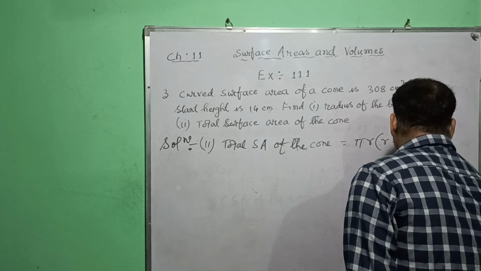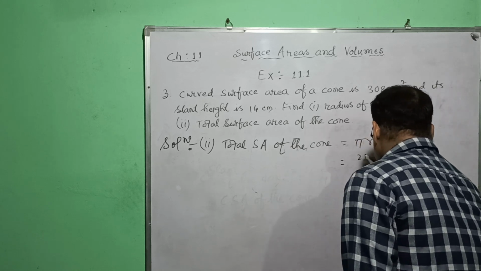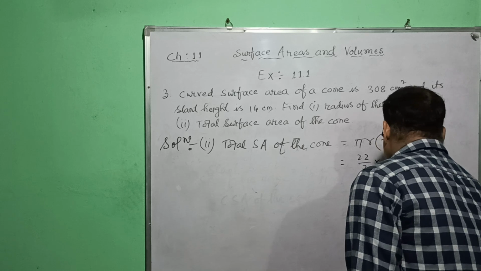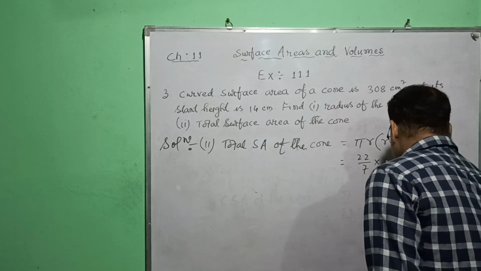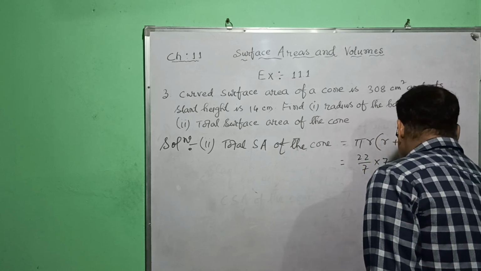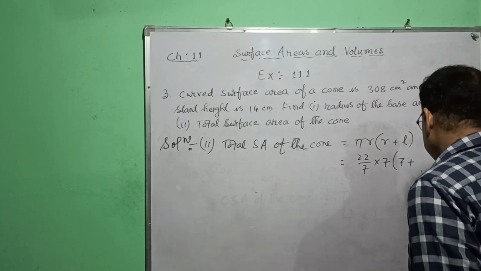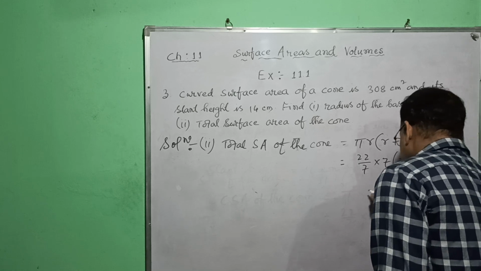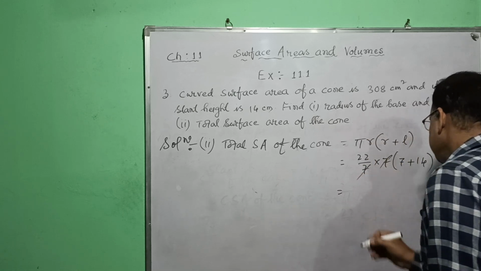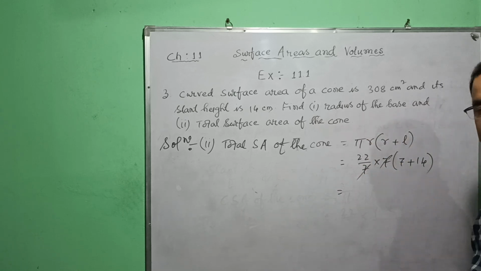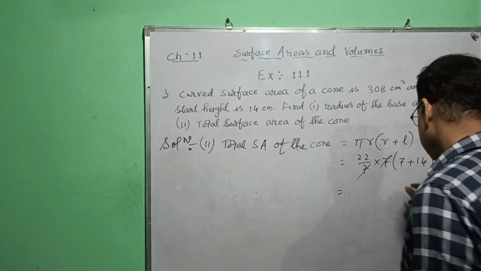r plus L. Now we'll replace the value, 22/7. r we have already found, so it is 7, and here 7 plus L is 14. Now 7 cancels. 7 plus 14 equal to 21.